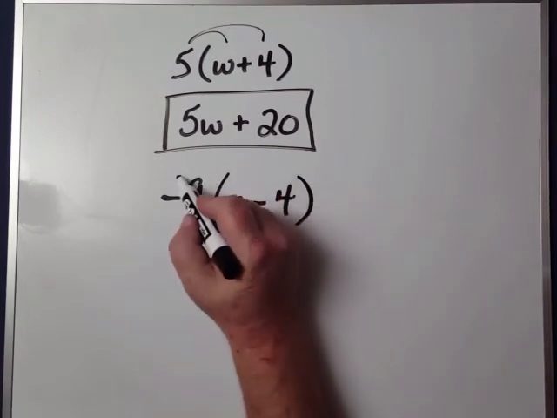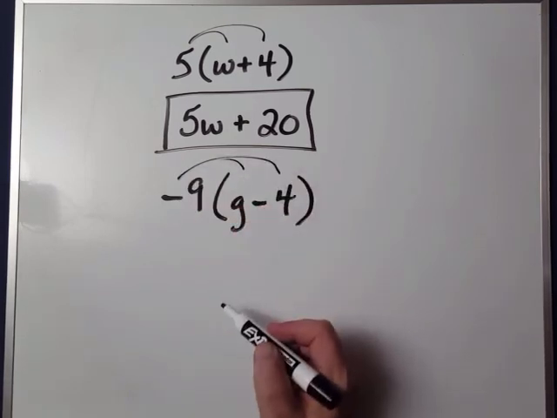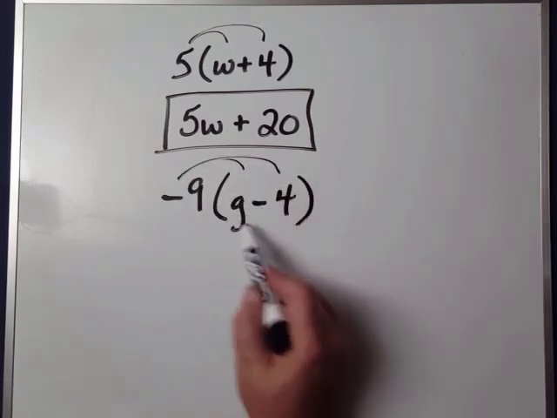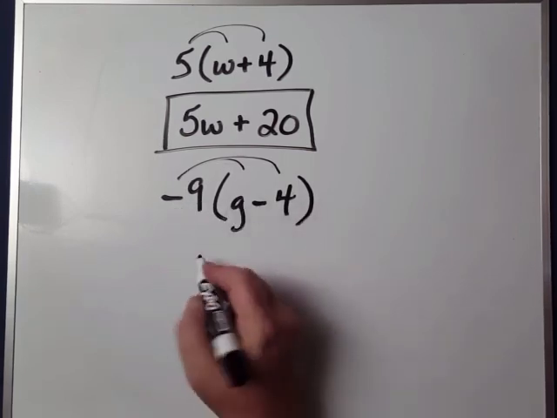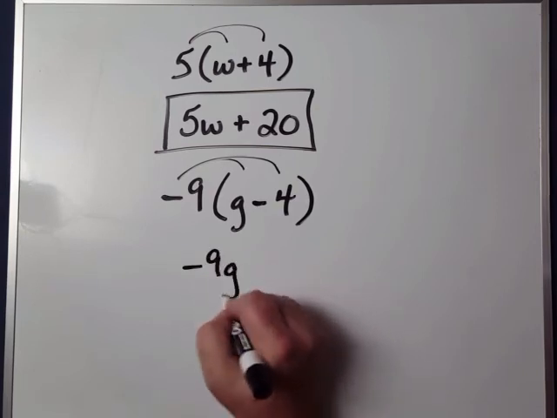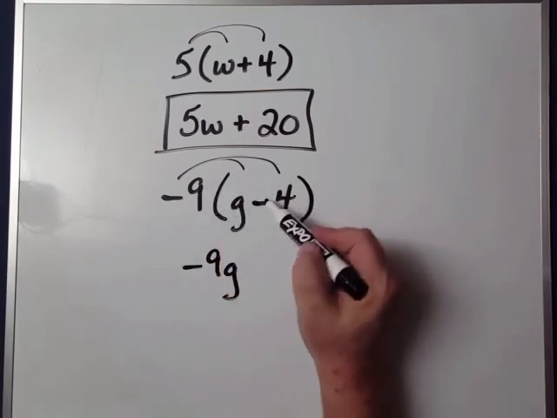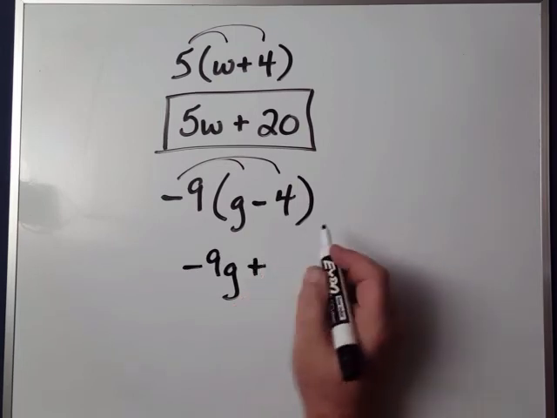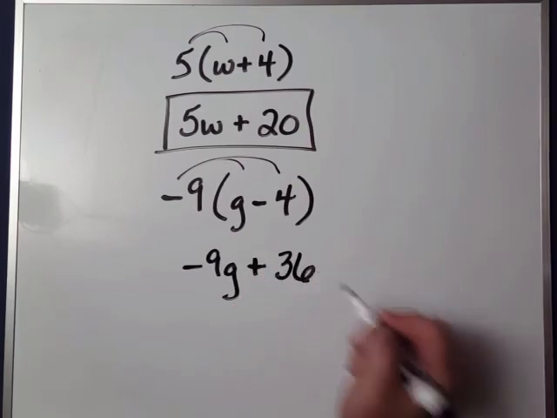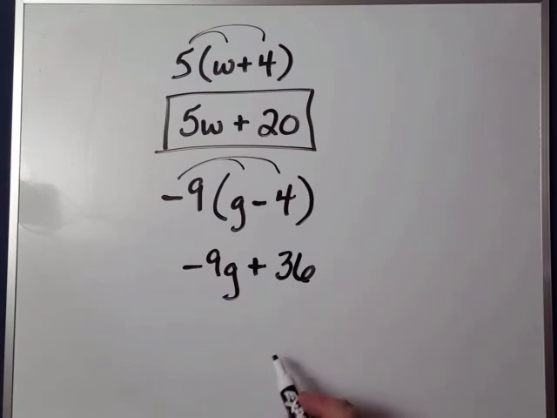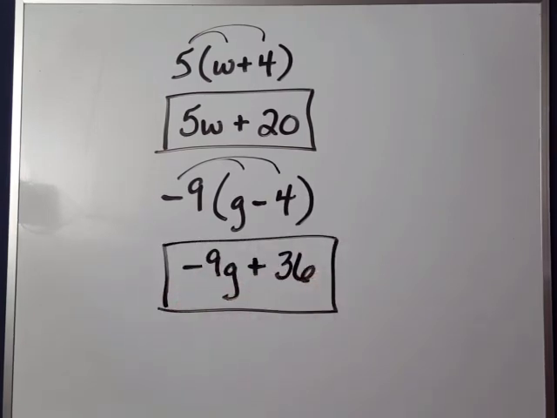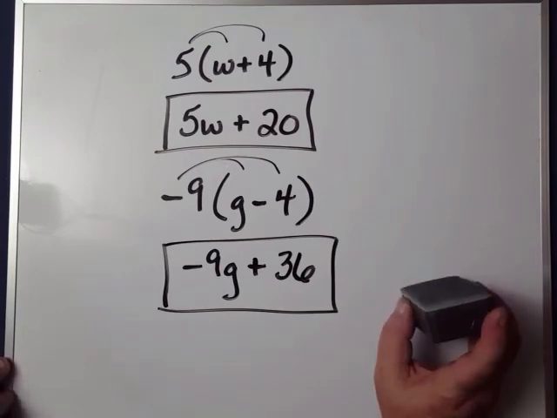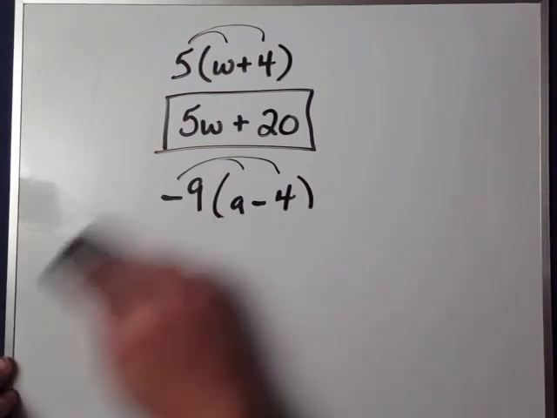So as we distribute this -9 over what we're going to consider to be a little addition, plus a -4, -9 times g is -9g, and then what? -9 times -4 is going to give me plus a positive 36. -9 times -4 gave me plus 36. Watch your signs. Number 86.